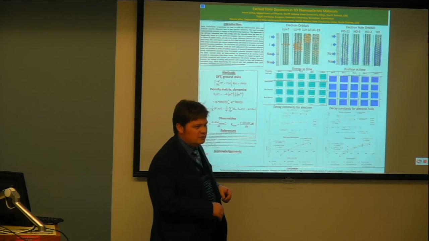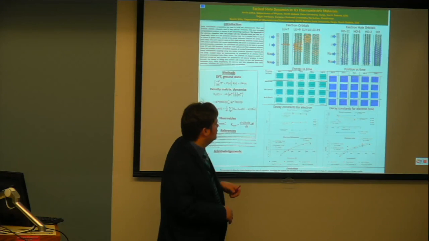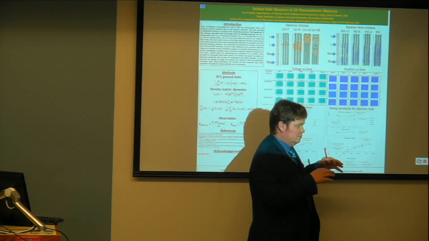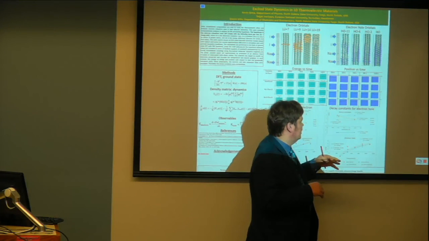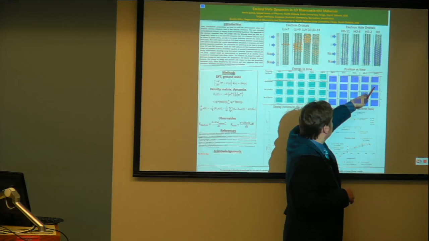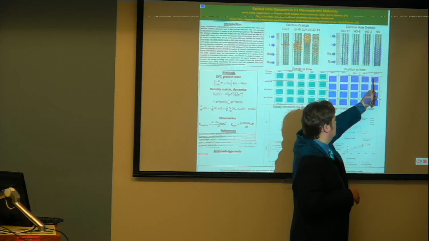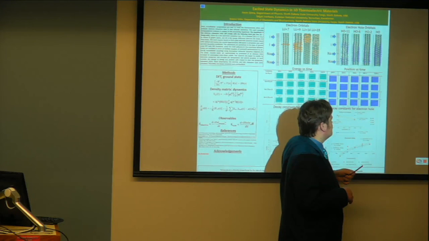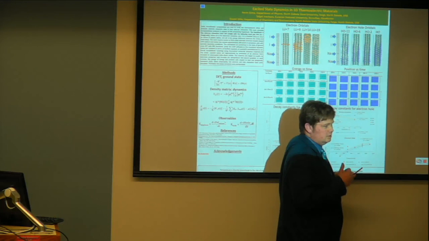So if you would do this approach, the distribution will be more smeared out. And then this artifact of the seemingly localization on one dopant will disappear.